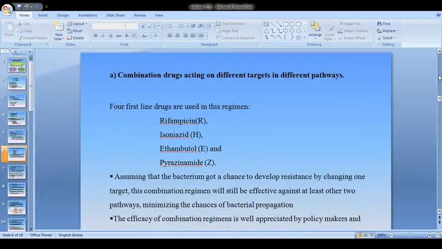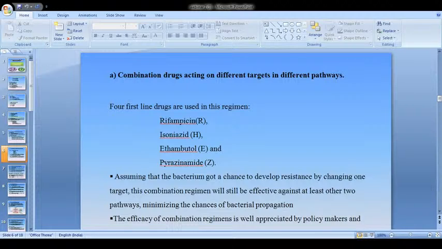And for the last one, pyrazinamide, the main mechanism of action is poorly understood. Assuming the bacterium develops resistance by changing one target, this combination regimen should still be effective against at least the other two pathways, minimizing the chances of bacterial propagation.